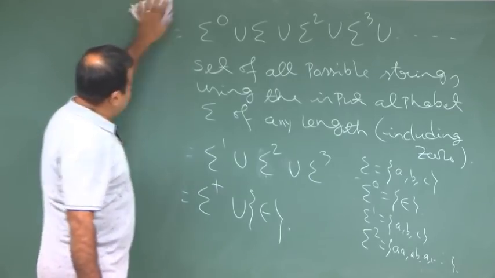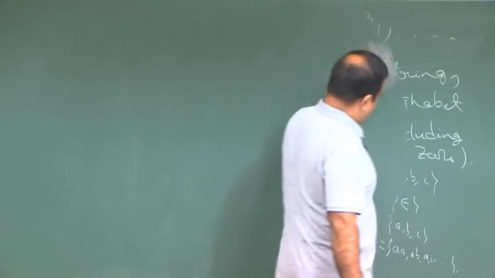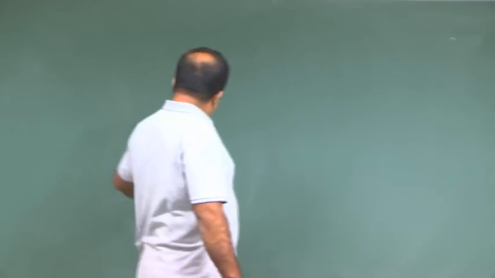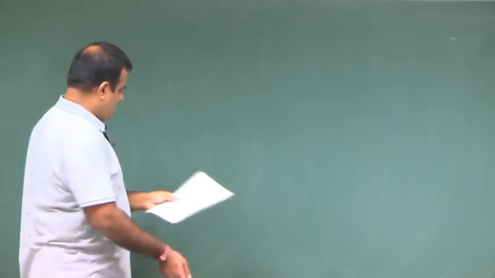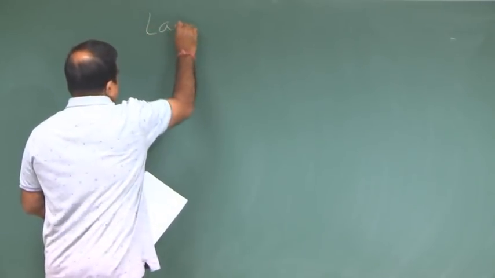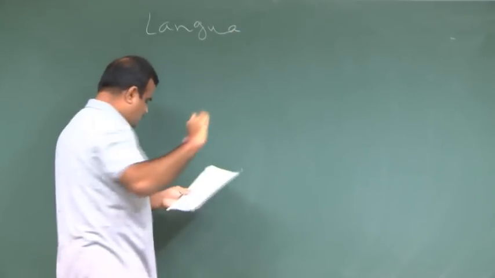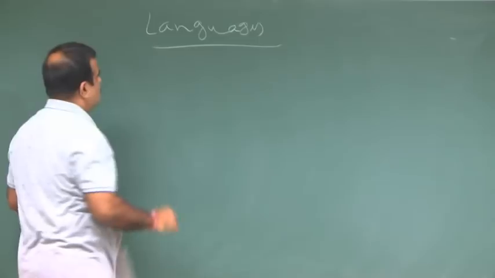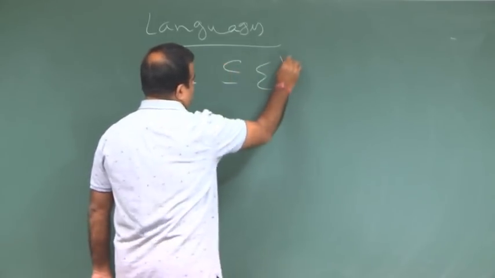And now we define the language. Language is any subset of sigma star. It is basically a collection of some strings. So, any subset of sigma star is defined as a language, and it is denoted by L. L is a subset of sigma star.